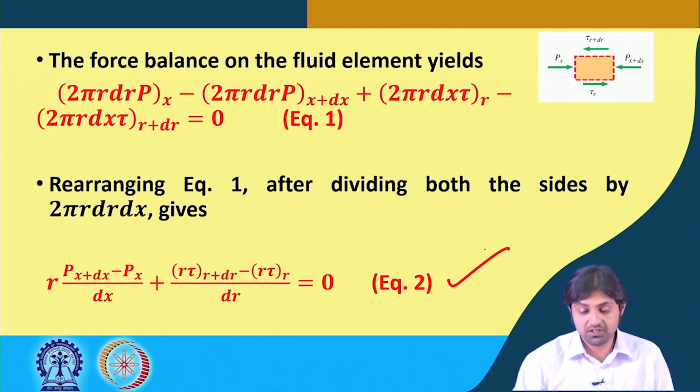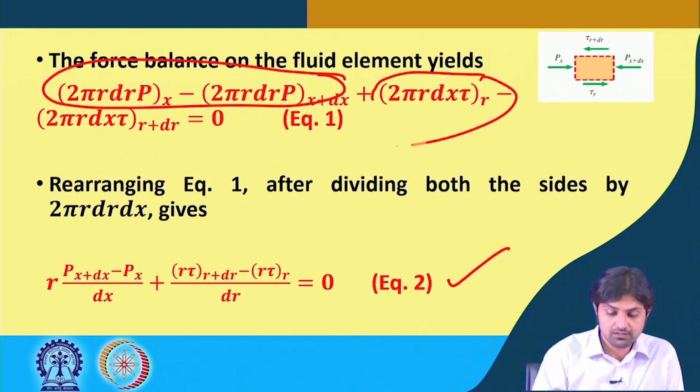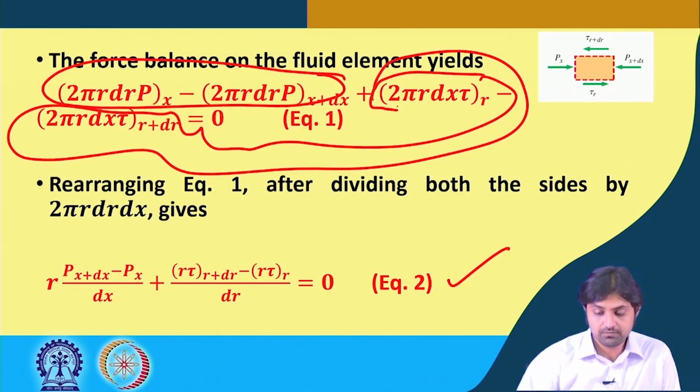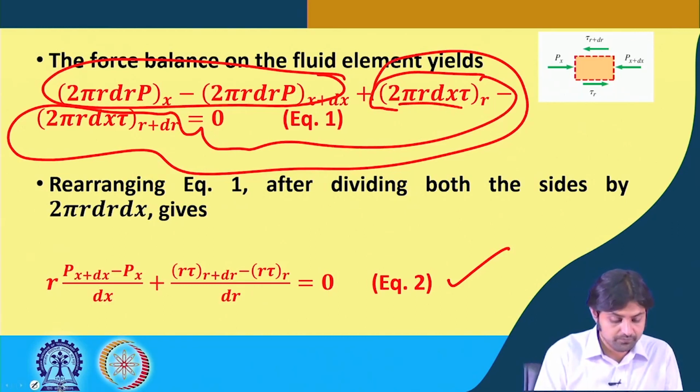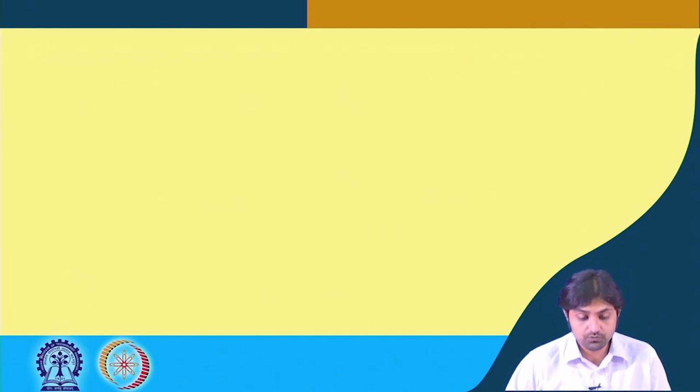Very simple to obtain, just considering this and this. So this is another equation that we call equation number 2.